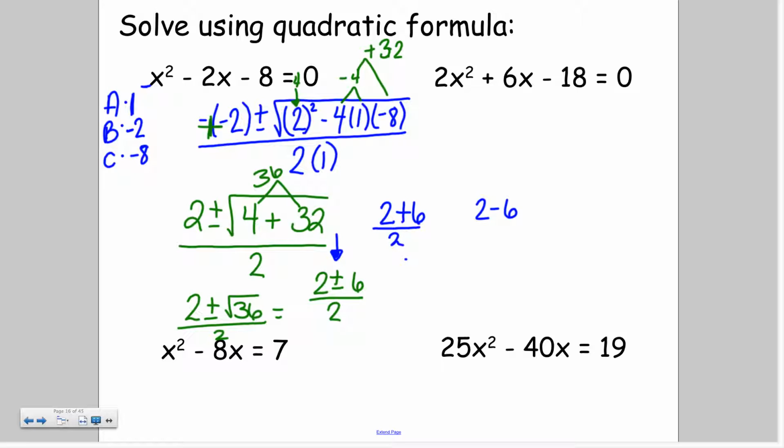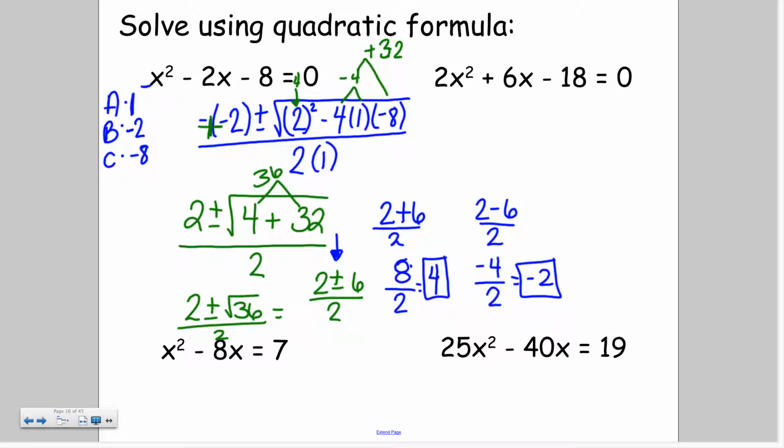And I'm still going to simplify them by the 2 that's on the bottom. So 2 plus 6 is 8 over 2, and then 2 minus 6 is negative 4 over 2. Now, when I simplify these, I'm going to get 4 for one answer, and I'm going to get negative 2 for my other answer. All right?